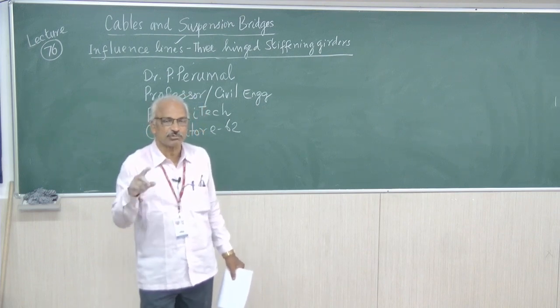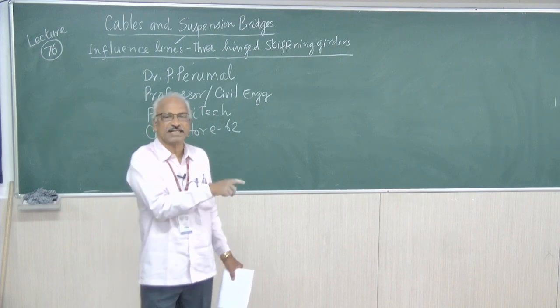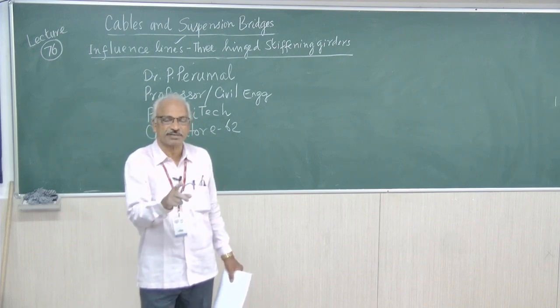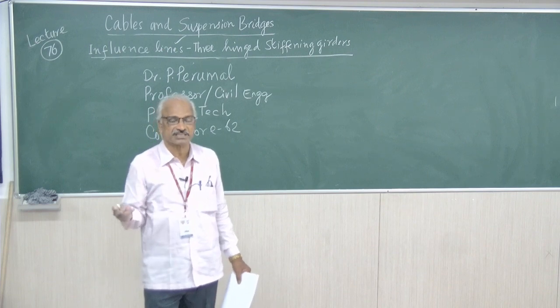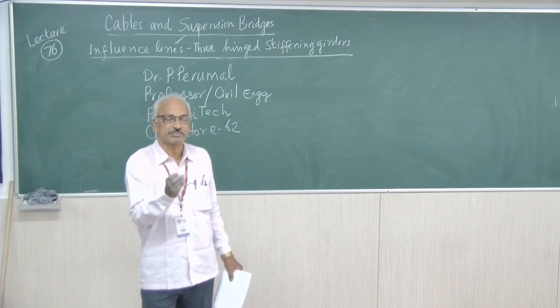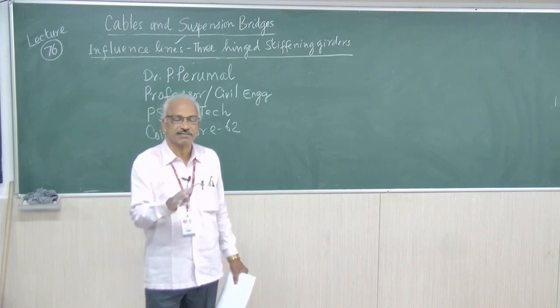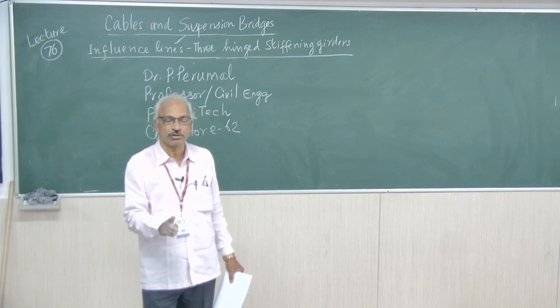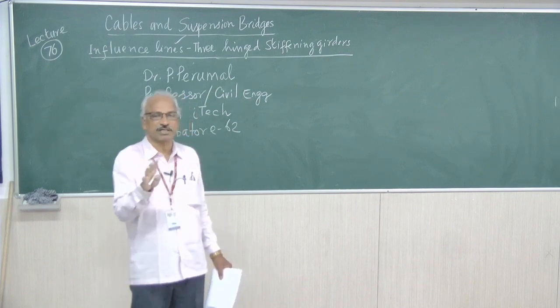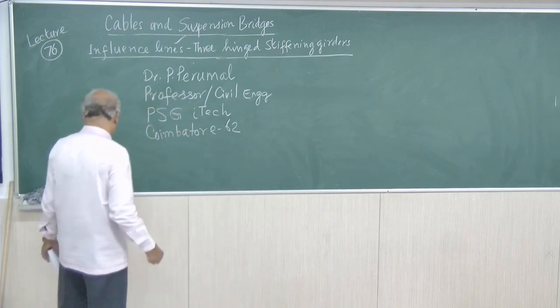When the unit load moves from the left end to the right end, how does a particular parameter, the bending moment, vary? When does it become 0, when does it become maximum, and where? All these will be given. The variation of the parameter is given by the moving unit load. Moving unit load is very important.